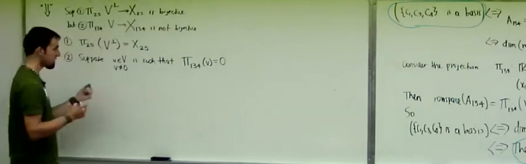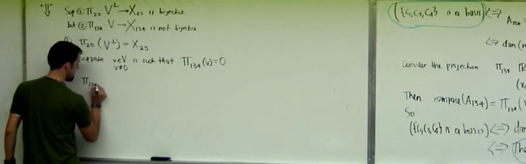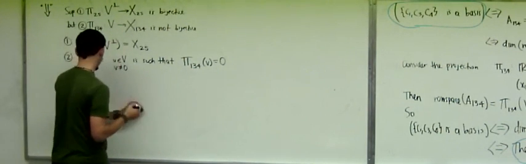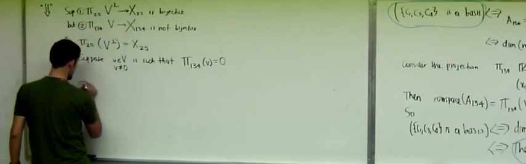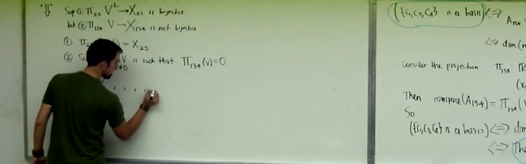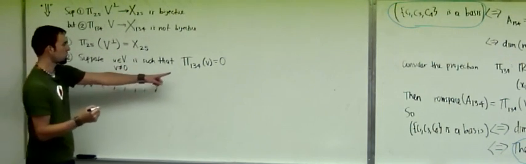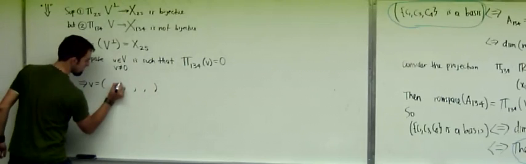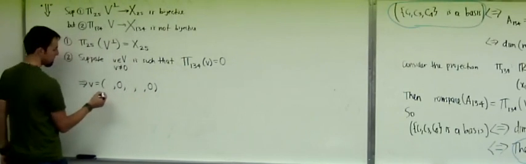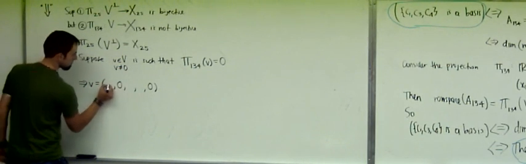It's precisely the pi 1, 3, 4. I mean, the projection of V onto 1, 3, 4 puts zeros here, and whatever here.